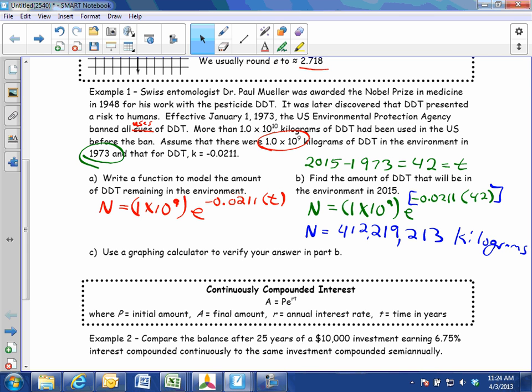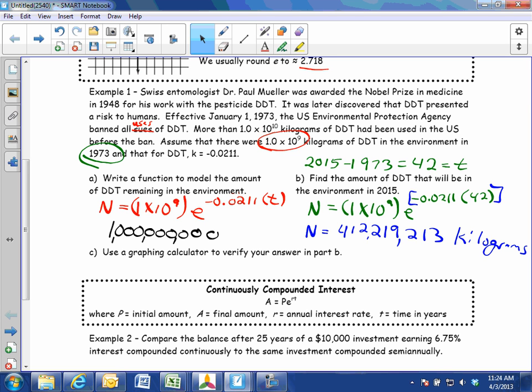Okay, which makes sense because we have a smaller number than what we originally started with, which says to put 9 zeros on after. So 1, 2, 3, 4, 5, 6, 7, 8, 9. This would be a million, yep. So this would be 412 million. So it has decayed by quite a bit, but there's still a lot in the environment.